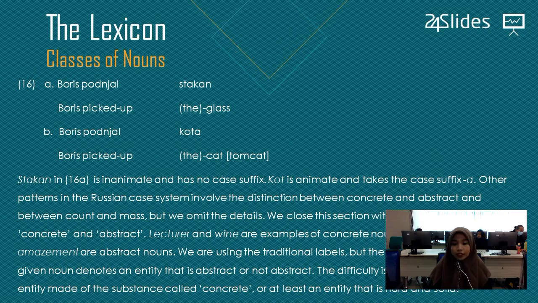We are using the traditional labels, but the key distinction is whether a given noun denotes an entity that is abstract or not abstract. The difficulty is that concrete evokes an entity made of the substance called concrete, or at least an entity that is hard and solid.